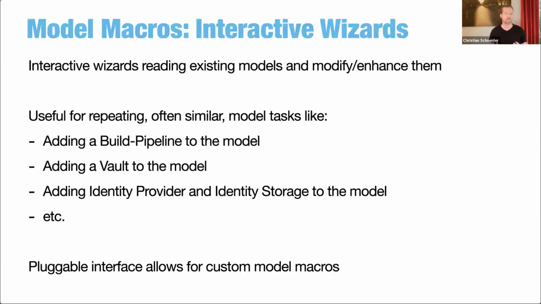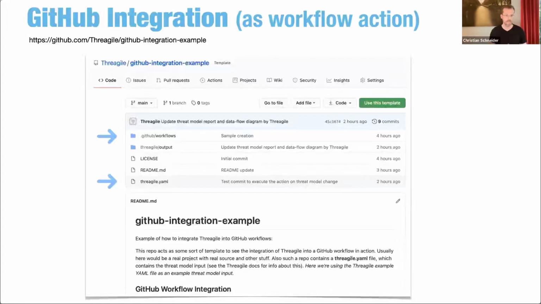And we have model macros that can automate in an interactive wizard style certain things like adding build pipelines or adding a vault or identity provider or whatever to the model. If you're using GitHub, for CI/CD, there's an example online in the repo, which is a GitHub integration with a GitHub workflow. So here's an example.